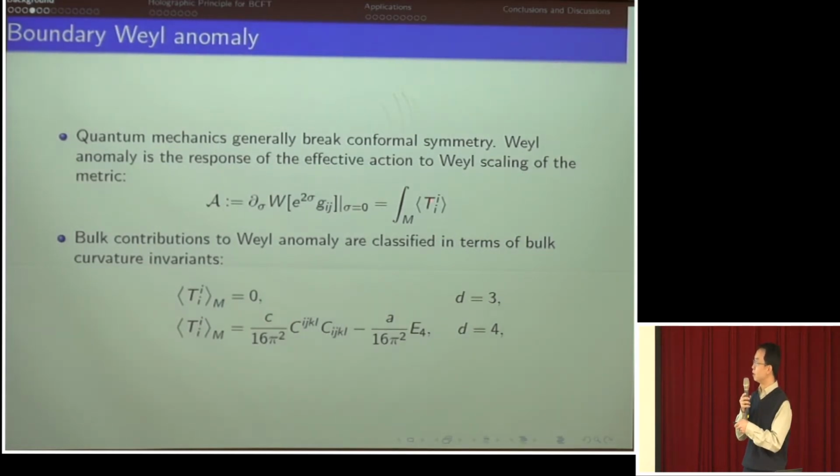Without boundary, if M is just a compact manifold, this is called the trace anomaly because you're looking at the trace of the energy-momentum tensor. This is 0 in odd dimensions, everyone knows about that. In even dimensions, it is classified in terms of the number of curvature invariants you can write down. So in 4 dimensions, you have something called the Euler density.